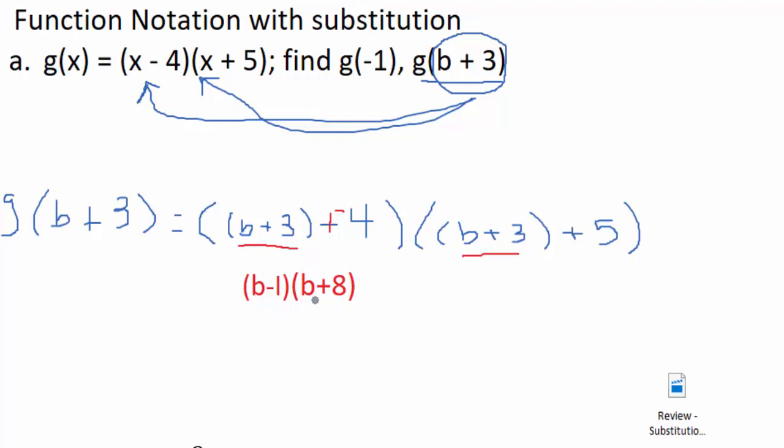But we can invoke what is called the distributive property, what we reviewed yesterday. So this is two binomials, so we can use FOIL. So we're going to do b times b, which is b squared. It's our first terms. And then we're going to do b times 8, which is 8b, and those are both positive, so they make a positive when multiplied.